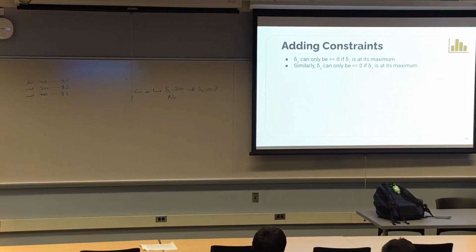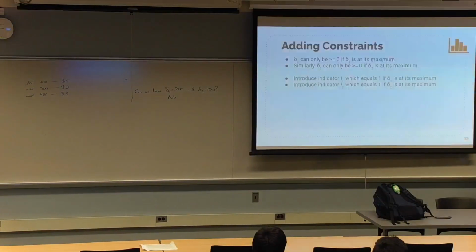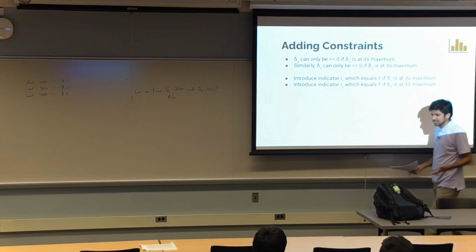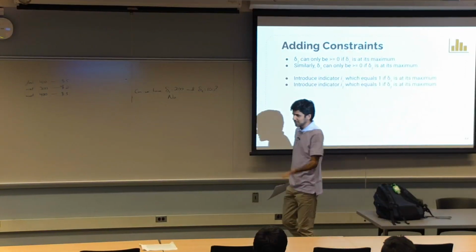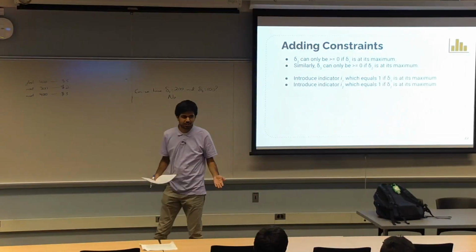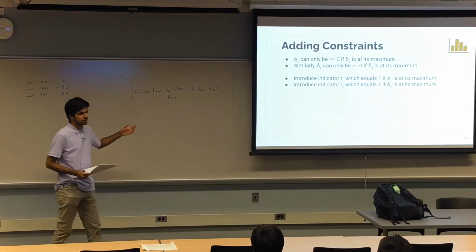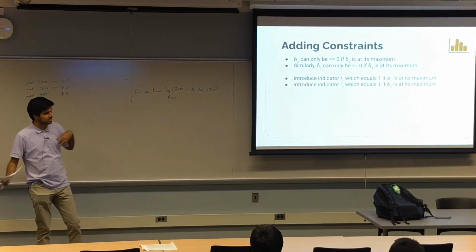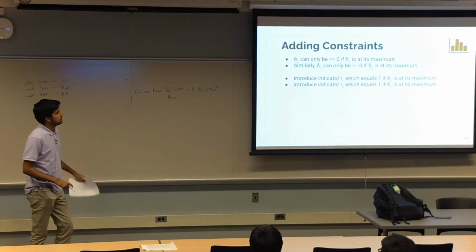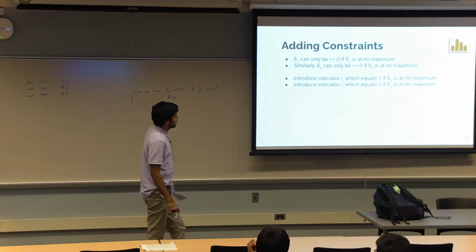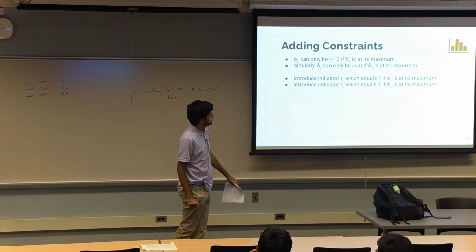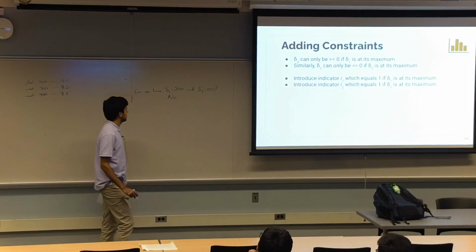Yeah, it could also be equal to 0, but that's just the edge case. So again, we're going to introduce indicators because they tell us when something has occurred or not occurred. Very similar to the previous example of did we produce ducks or did we not produce ducks? So we'll have this indicator, I1, which equals 1 if delta 1 is at its maximum.